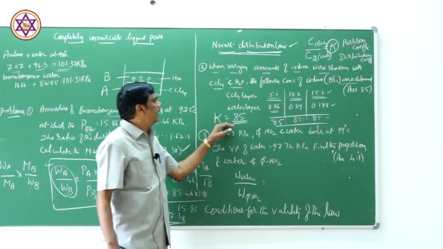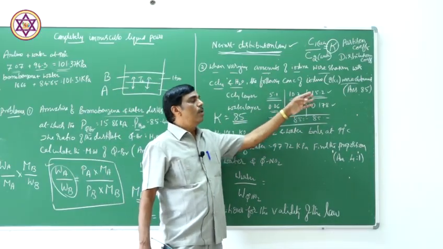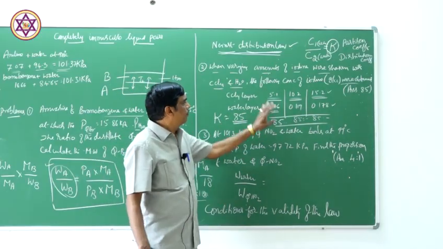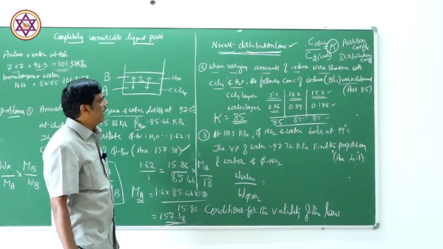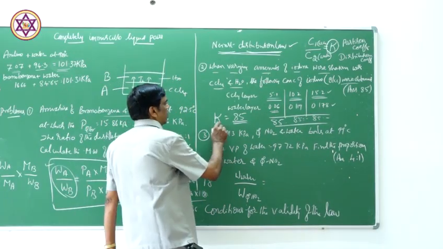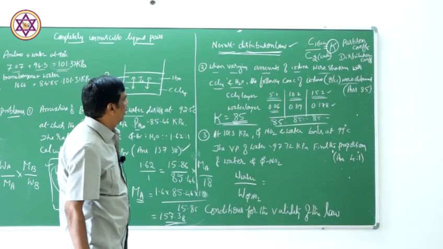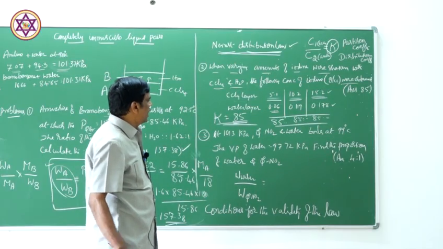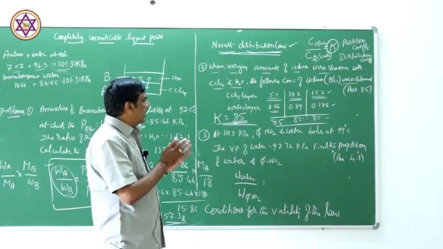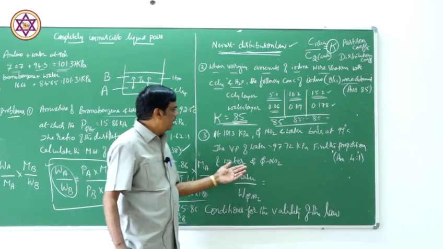This constant K is equal to 85 irrespective of the amount of solute used in the different mixtures. Thus, Nernst distribution law is verified. Therefore, that K can be calculated, and also it is possible to calculate the proportion of the solute in two liquids.